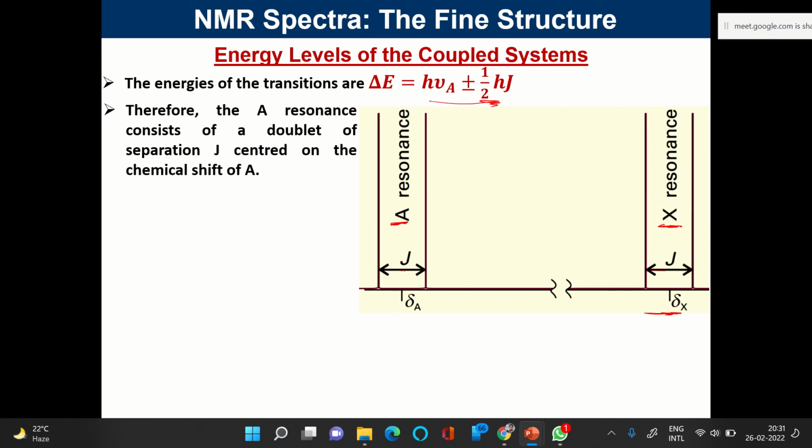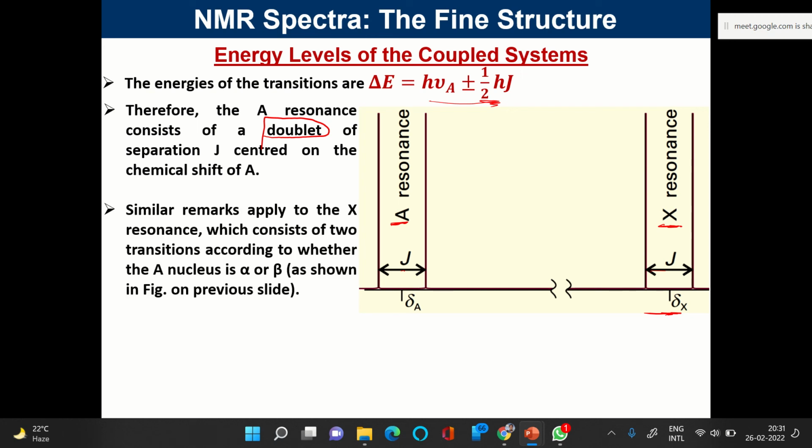So when spin coupling occurs, you would observe a doublet for A and a doublet for X, at their respective chemical shift values. This is the idea that we will further develop when we have a larger number of A and X nuclei appearing together.